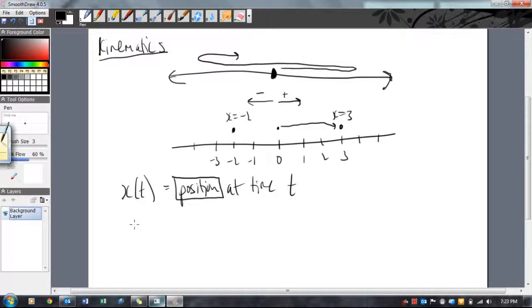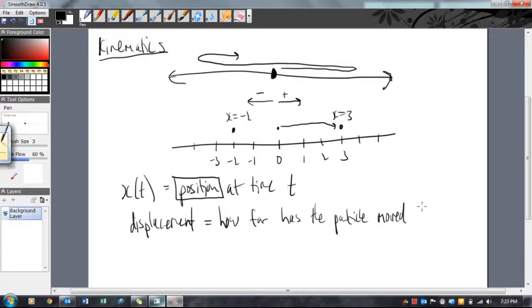Secondly, we have what we call displacement. Displacement is how far the particle has moved from its starting point.